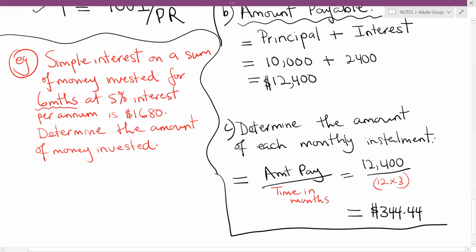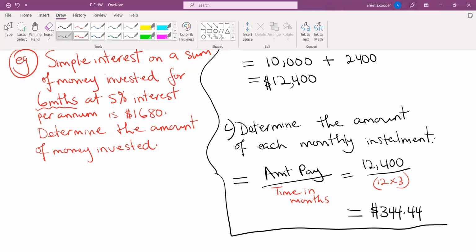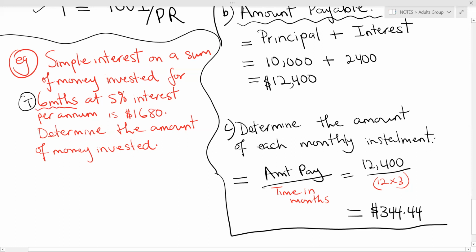So 6 months will be time, 5% interest rate. This 1680, they said simple interest is. So this is our interest.